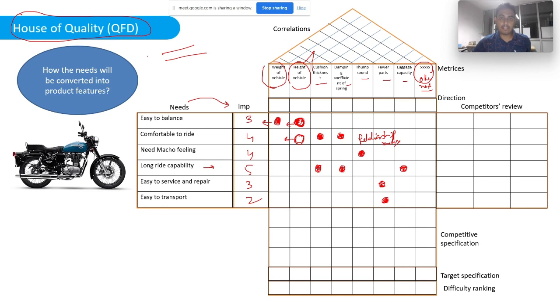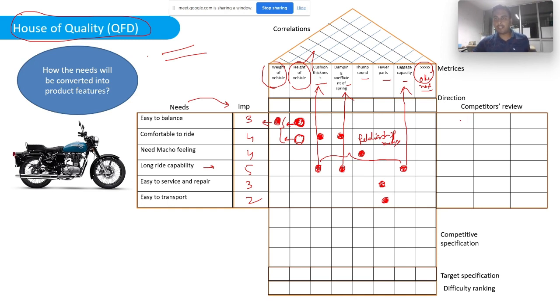See, long ride capability is addressed by cushion thickness, damping, as well as luggage, right? Similarly, from the other direction, height of the vehicle addresses these needs. You can look both ways. This is a better way to visualize the dependencies between the specifications and needs.